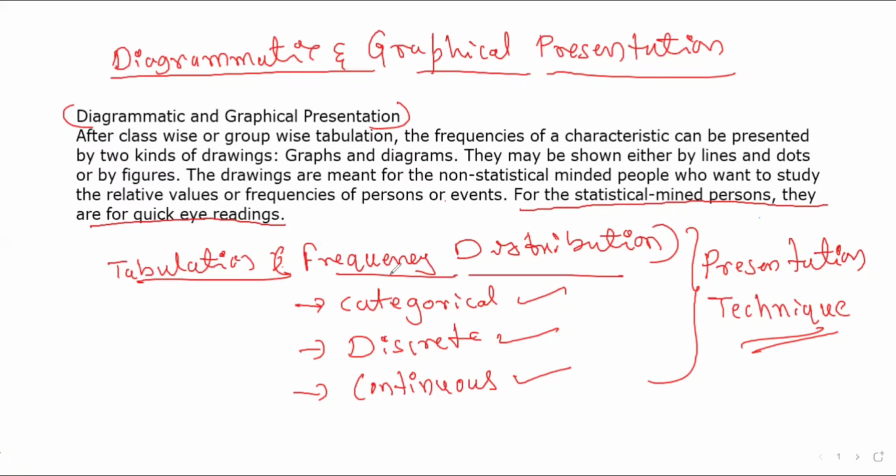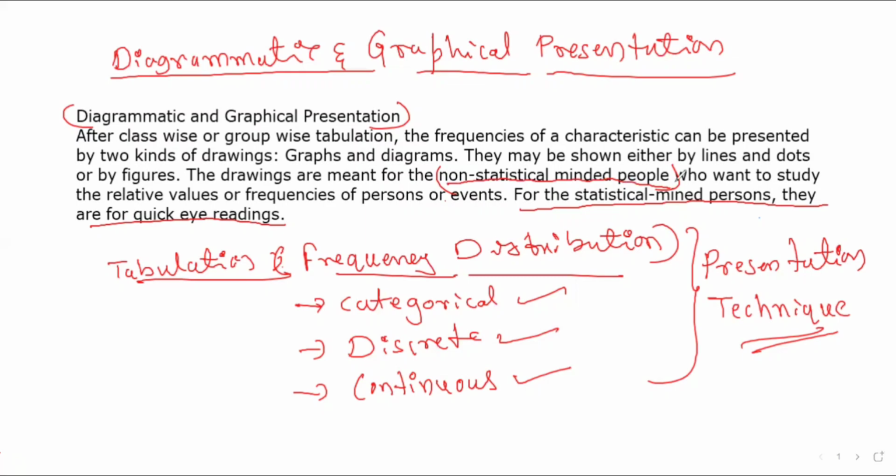They can grasp the data very easily. But what about non-statistical minded people, who don't know the basic knowledge of statistics? How are they going to analyze and understand the data?